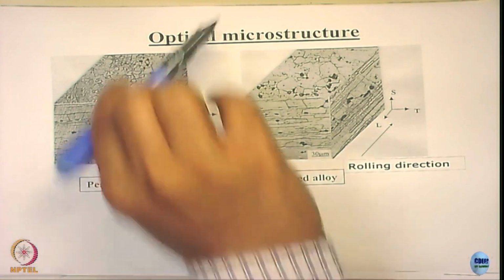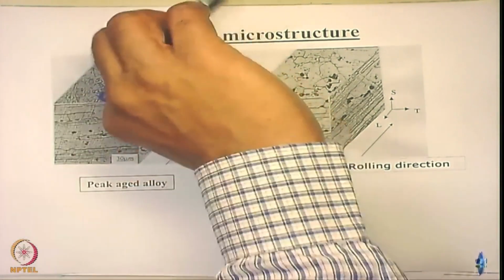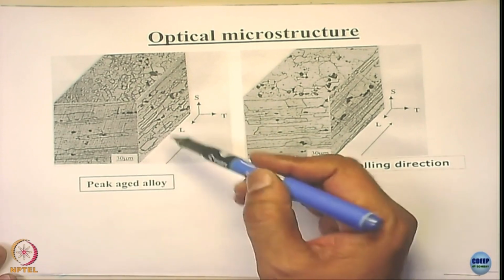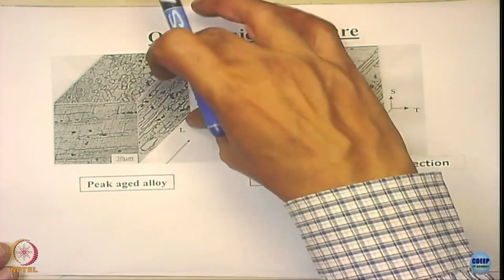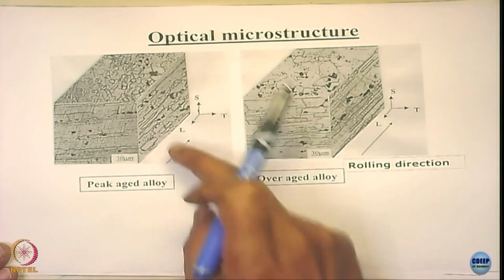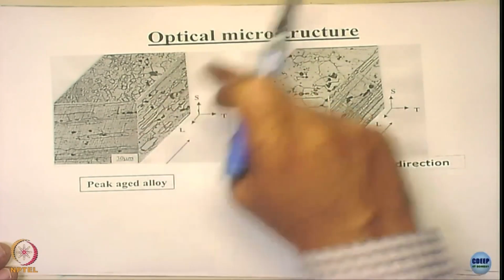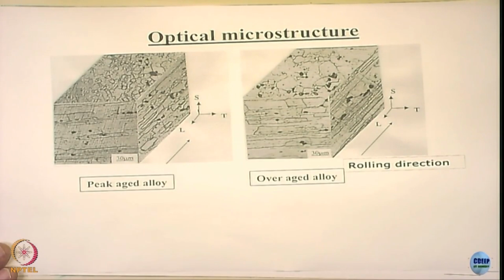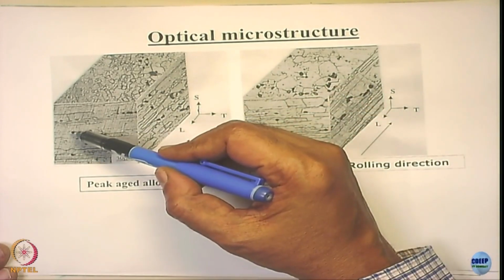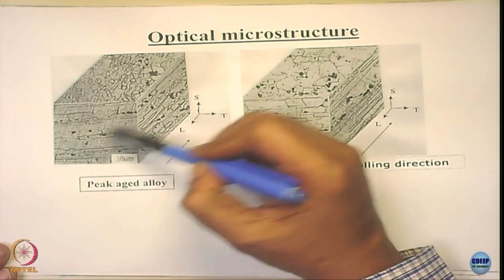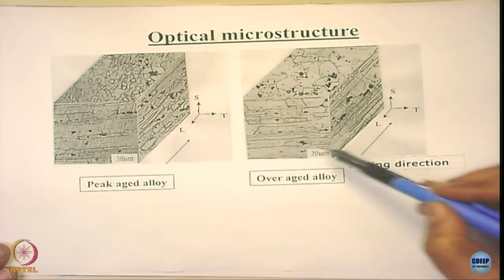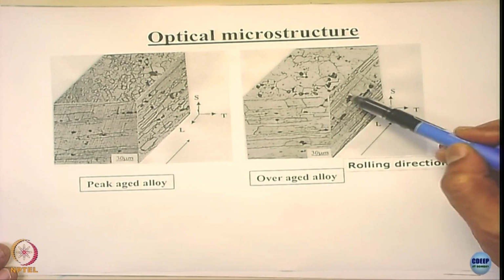This is the rolling plane, and this is the thickness, the short transverse, and this is the long transverse, okay. Now look at these grains, they are all well elongated, right. I hope you are able to see these elongated grains. Can you see that?